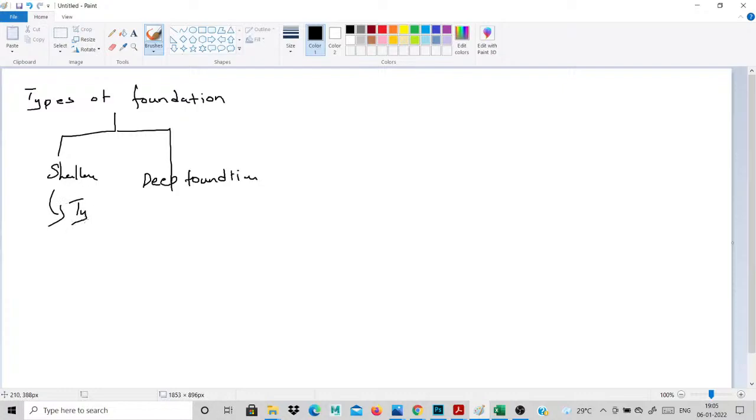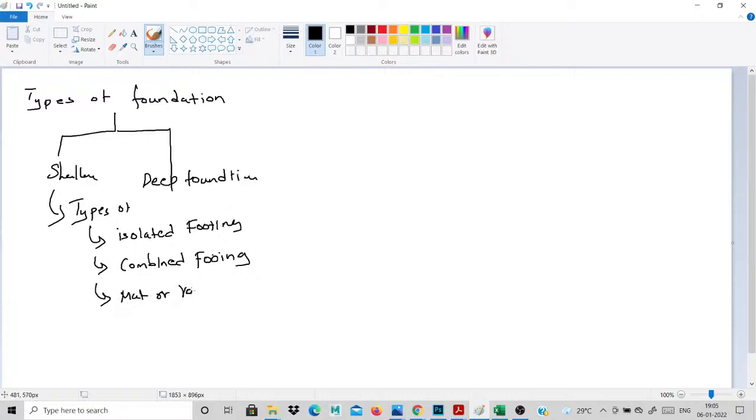The types of shallow foundation: the first one is the isolated footing. The second one is the combined footing. The next one is the mat or raft footing.